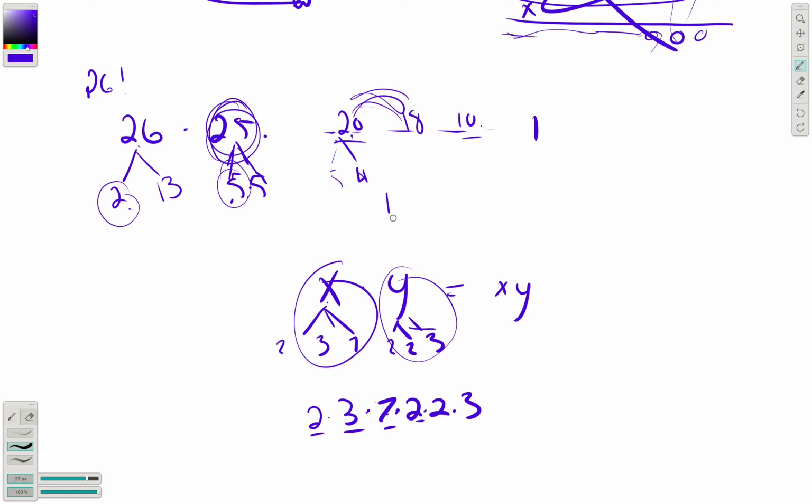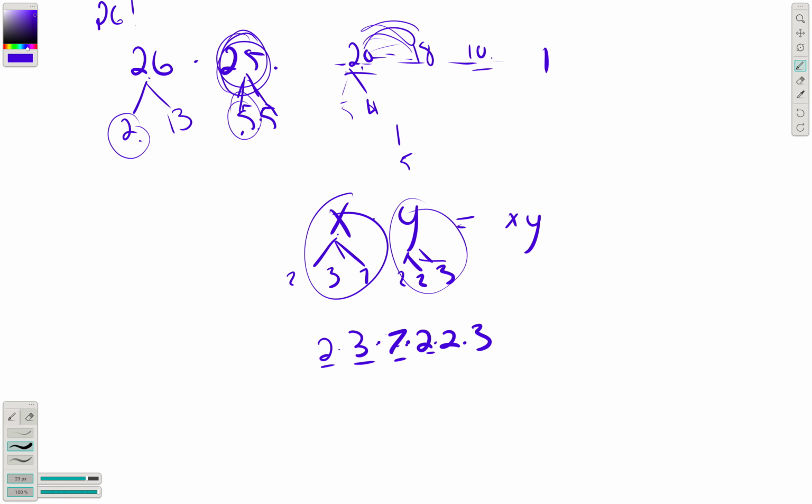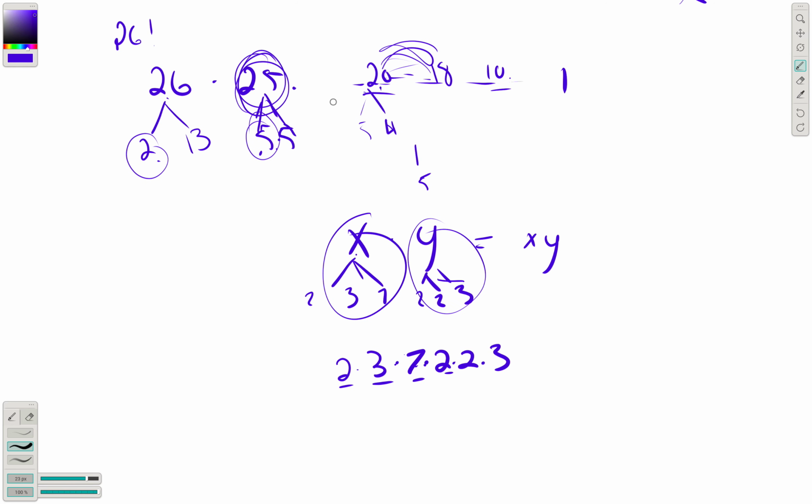Like there can't be a 5 baby here from multiplying these two if neither of them had a 5. Or there can't be an additional 5 if one of them had a 5. That was a little confusing of an explanation, but bear with me. It makes sense to me. And just think about that for a minute.